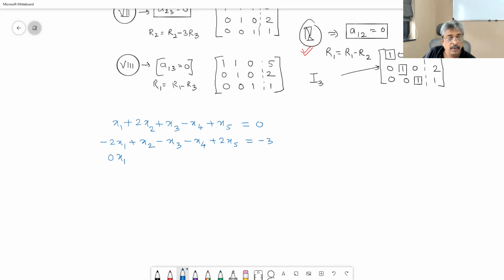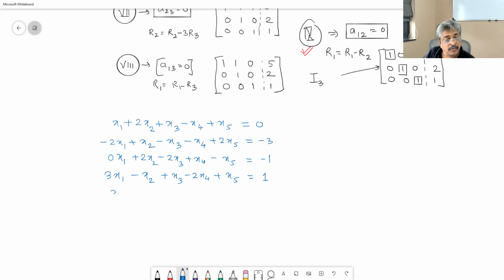0 times x1 plus 2 times x2 minus 2 times x3 plus x4 minus x5 is equal to minus 1. 3 times x1 minus x2 plus x3 minus 2 times x4 plus x5 is equal to 1.